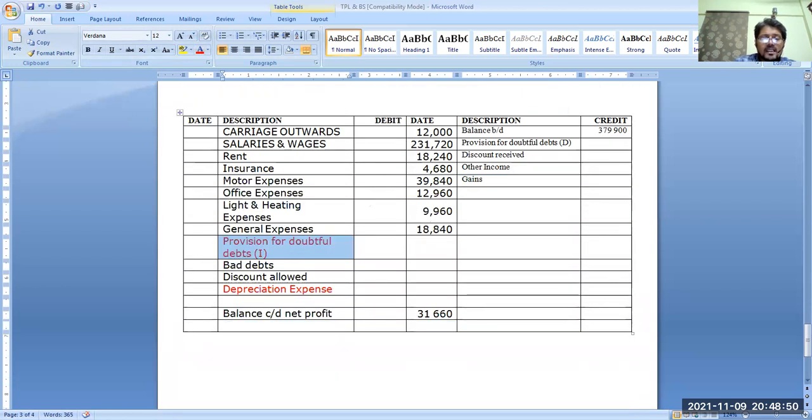Now, about these expenses, salaries and wages, normal expenses.